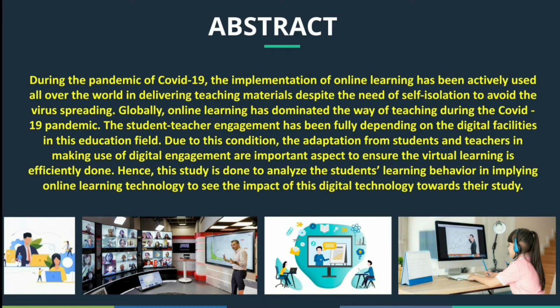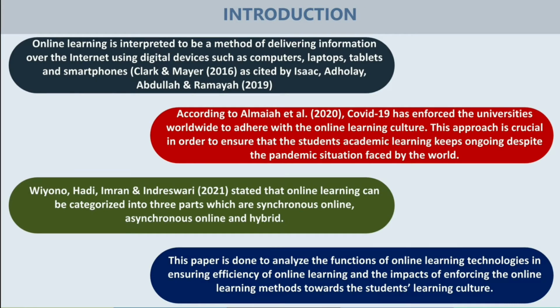As an introduction, online learning is interpreted to be a method of delivering information over the internet using digital devices such as computers, laptops, tablets, and smartphones (Clark and Mayer 2016, as cited by Isaac, Adele, Abdullah, and Ramaya 2019). According to Almaya et al. 2020, COVID-19 has forced universities worldwide to adhere to the online learning culture.